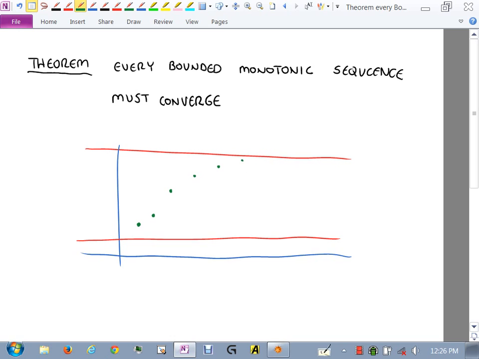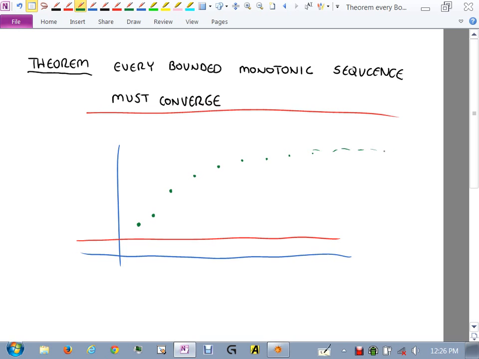But I have a ceiling. It may not converge to the ceiling because the ceiling may be up here, and the points may keep getting bigger with some sort of asymptote here. But the fact that it's bounded is a big factor here, bounded below and above. Yes, it forces convergence.